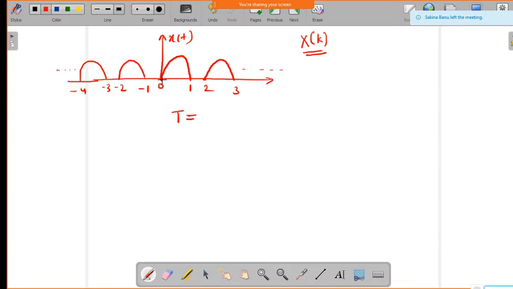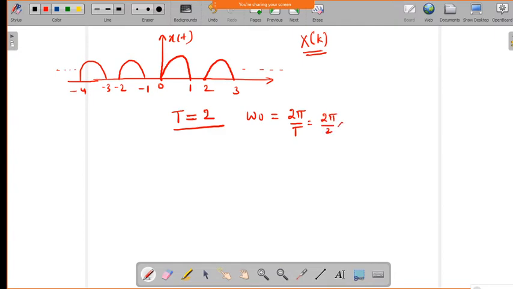So 0 is repeating where? At intervals of 2, sir. Yeah, so it is T equal to 2. So now what is omega naught? Omega naught equal to 2 pi by T, which is equal to 2 pi by 2, which is equal to pi. So now you can write this expression.